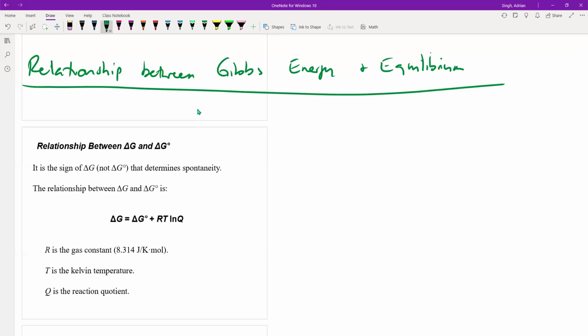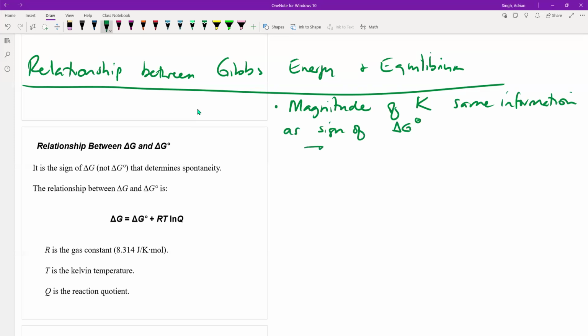Now, just to relate a couple of terms that we saw before, we looked at the magnitude of K, the equilibrium constant, and this is going to be analogous to the sign of delta G under standard conditions. So the magnitude of K is going to give us the same information as the sign of delta G under standard conditions.